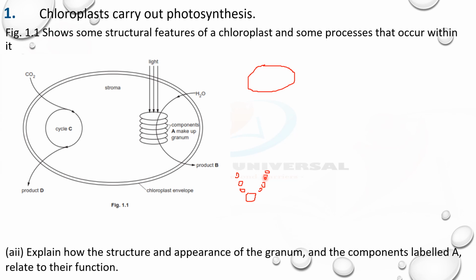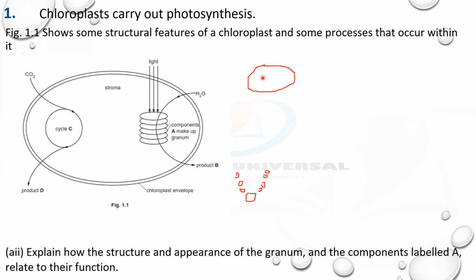The emitted electrons enter the electron transport chain. We also have electron carriers embedded here for the electron transport chain, which gives rise to pumping of protons into the thylakoid lumen.